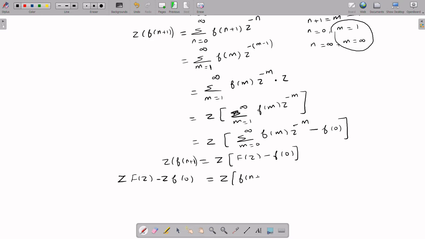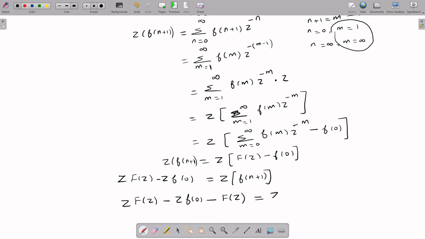We first write this one, and then from this you have to subtract the Z transform of f of n, that is f of Z. So Z into f of Z minus Z into f at 0 minus f of Z, subtracting on both sides the Z transform of the function f of n.